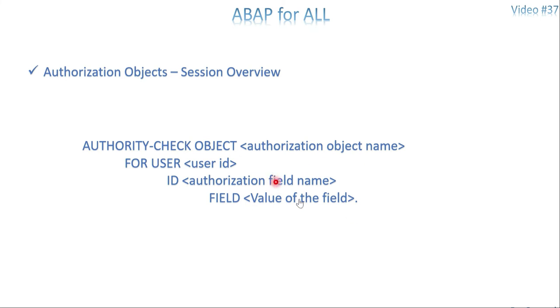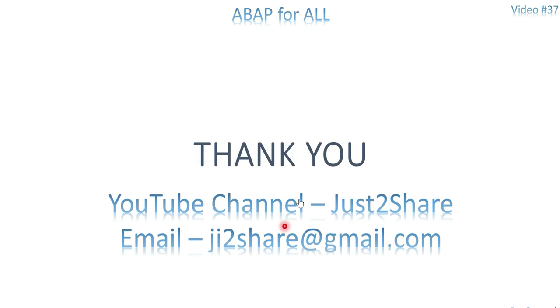Then FIELD, the value of the field. What is the value of the field? Suppose VA01 or AC38. You can hard code it, or you can use a variable dynamically. Mostly they do it dynamically in real time. So this is the syntax for the AUTHORITY-CHECK OBJECT statement. Okay, that's it. Let me get into the system.